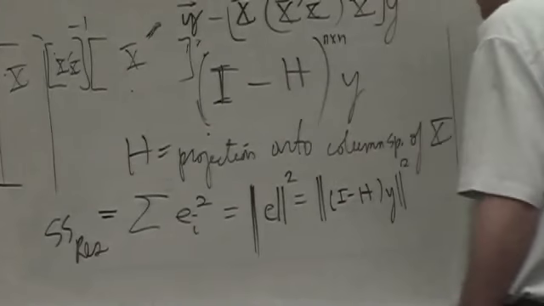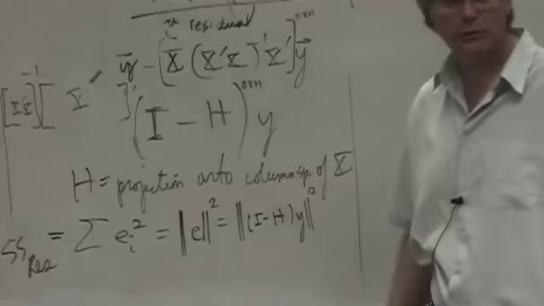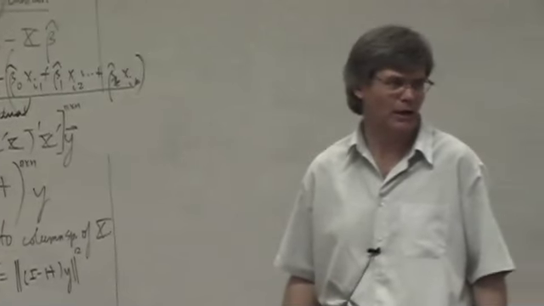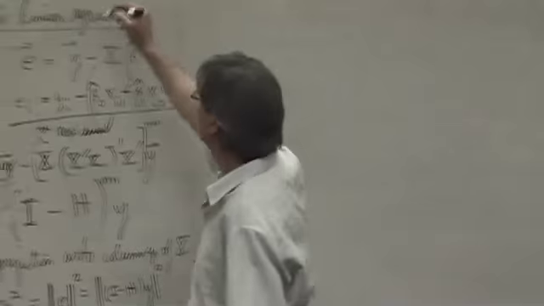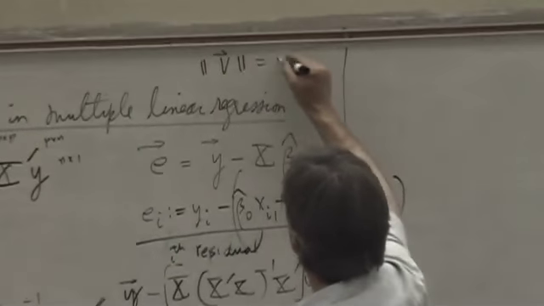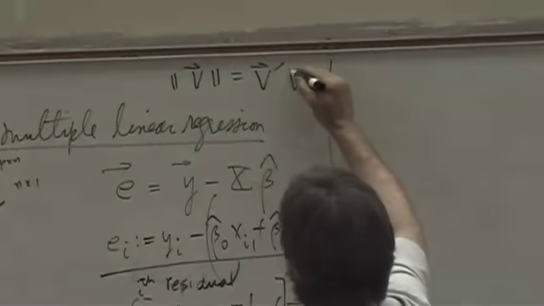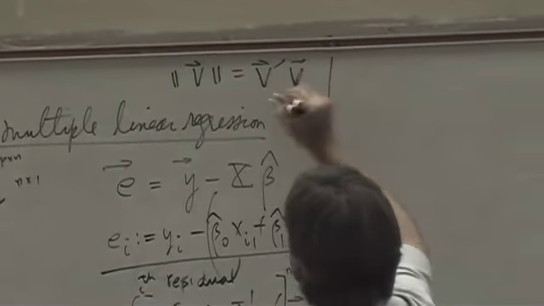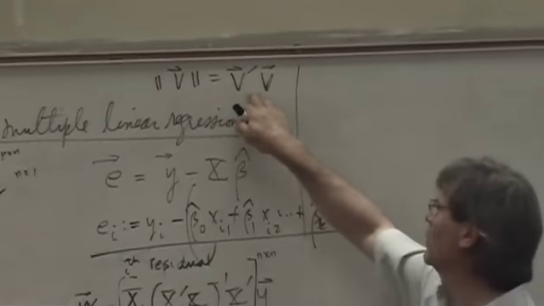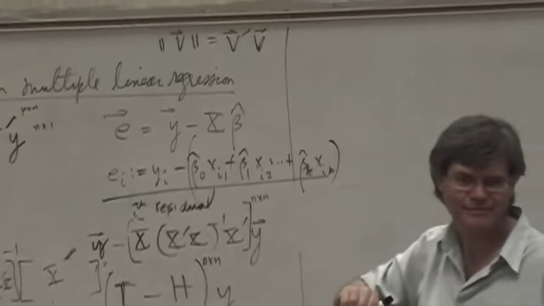Now, how do I do norm square? Well, I take the transpose of the vector and multiply it times the vector as a matrix product. So in other words, if I want to take the square norm of a vector V in Rn, I can simply write that as V prime V. That gives it a 1 by 1 matrix, equals the square.